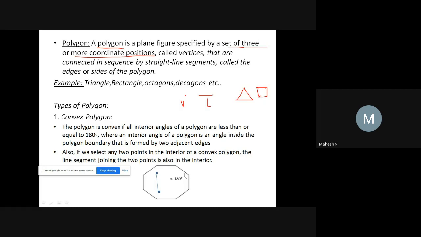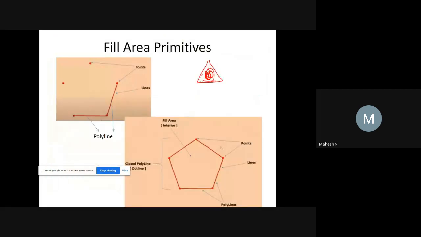Now, before I call something a polygon, there is a terminology called polyline. So what is a polyline? A polyline is a line or lines which have at least one vertex in common.